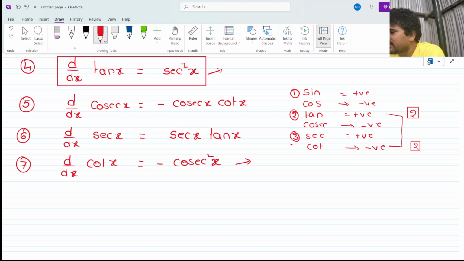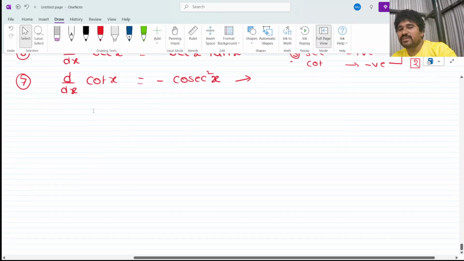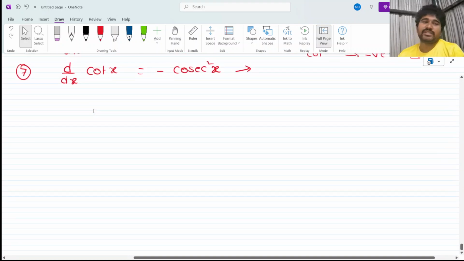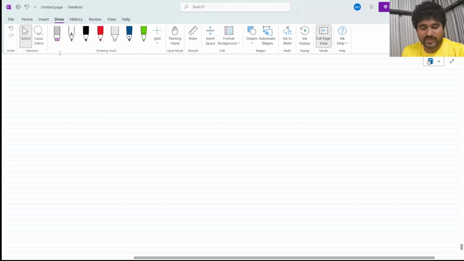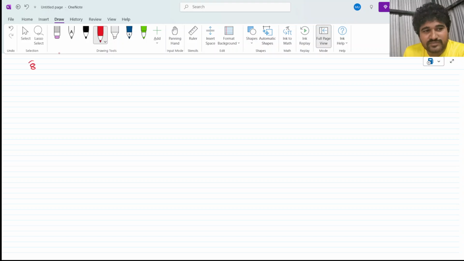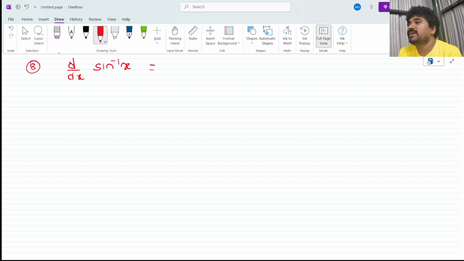Clear for everybody? Any confusion? No confusion. Then after this, how many formulas did we write? 7 came. Write down the eighth one. d by dx of sine inverse x, which is 1 by root of 1 minus x square.